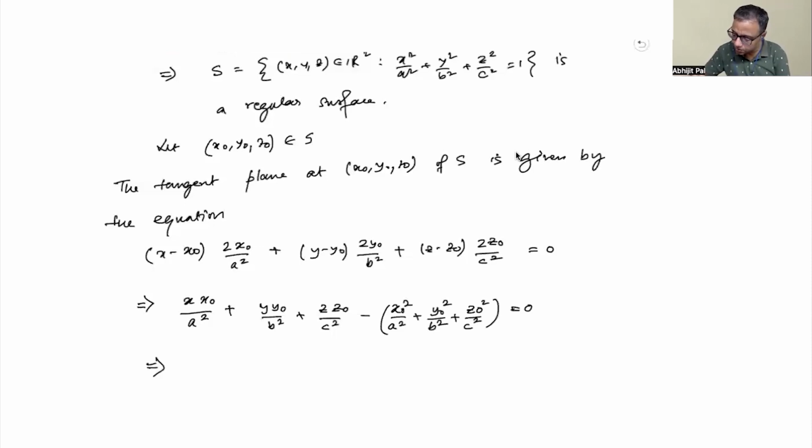Therefore the equation of this tangent plane is x x naught by a square plus y y naught by b square plus z z naught by c square equal to 1, because x naught, y naught, z naught belongs to S, so this summation will be equal to 1. So this is the equation of the tangent plane.